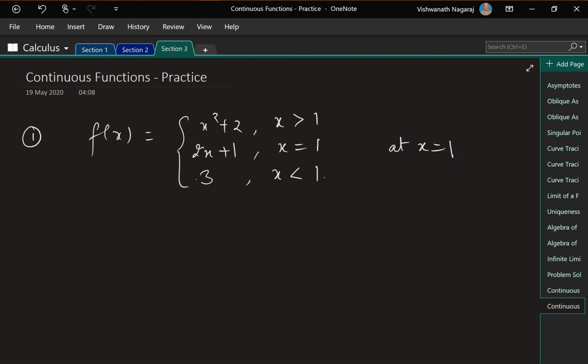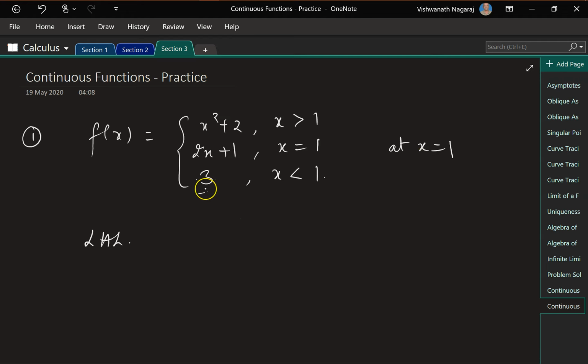Okay, remember the conditions. For it to be continuous, the left hand limit and right hand limit should exist. Then f of 1 must exist. Let's look at LHL. If we are talking of left hand limit, we are going to talk about x tends to 1 minus, that means less than 1.